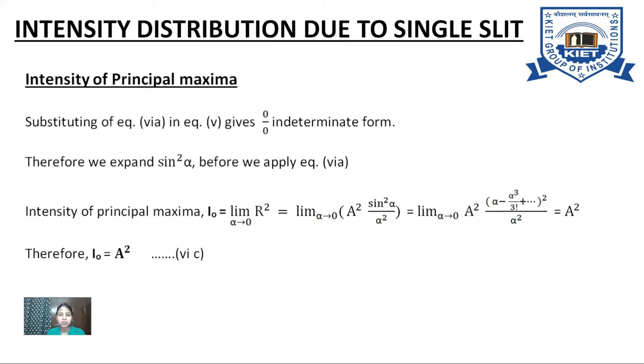Now this is equal to limit alpha tends to 0 A square, and over here I will expand sine alpha: alpha minus alpha cube upon factorial 3 plus alpha to the power 5 upon factorial 5 and so on, whole square upon alpha square. Now if you take out alpha common in the numerator, the alpha square in the numerator will cancel the alpha square in the denominator, and we shall be left with A square.